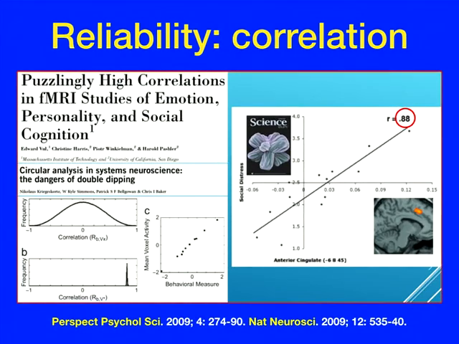So what is the real life? Look at this paper, right? We saw a lot of high correlations in publications, many of them published in Science, Nature, and whatever, very high impact journals, right? Look at this.